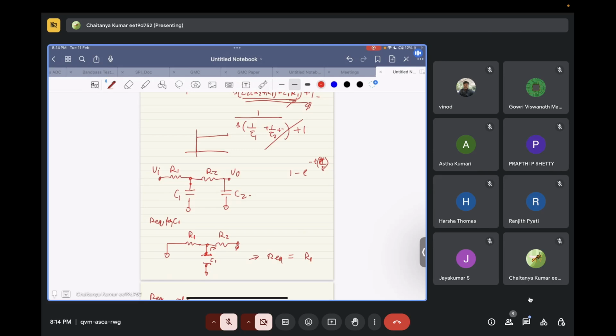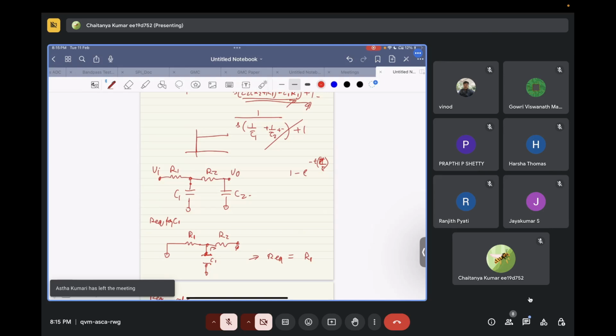This will give you roughly the rise time and fall time. Instead of exactly finding the rise time and fall time, you just need a rough approximation. In these kinds of situations, you can use this approach.